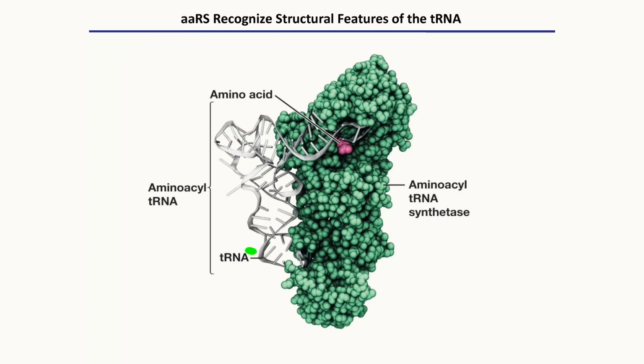Just keep in mind that it's not just the anticodon. So here we're seeing an example of an aminoacyl tRNA synthetase with its tRNA bound. And we see that there's many contacts between the tRNA and this enzyme here. So here we have the amino acid end, the anticodon end, and all throughout here.